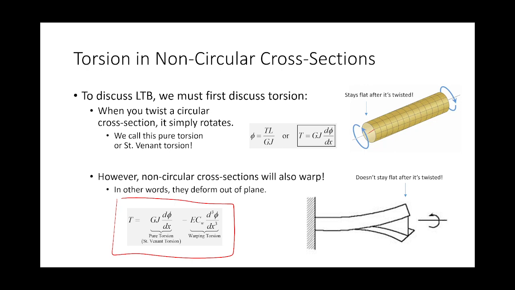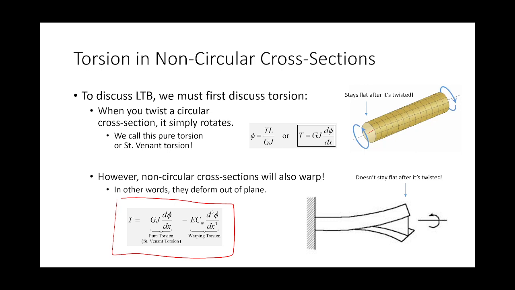And then what we have here is GJ times the derivative minus ECW times the derivative. And they both tend to form the same relationship. In other words, G is a material property, J is a cross-sectional property, minus E is a material property, that's 29,000 ksi. CW is a section property.